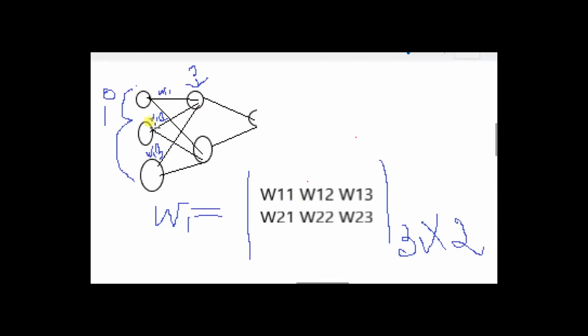Then w12, then w21, where the first 2 comes from the second output node, so this connection and this connection. So we can write w11, w21, and then the second column w12, w22, where the second index 2 comes from the second input node. You can understand by watching and pausing the video. And the third will be w13 and w23.